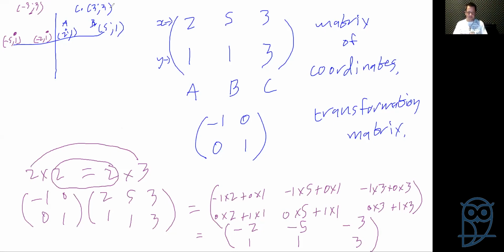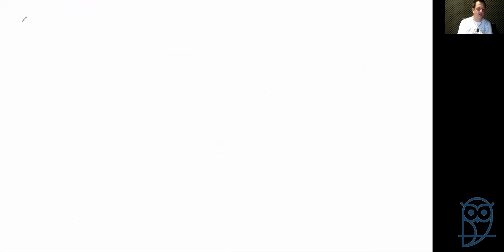All right. So this transformation matrix is crucial. And it all depends on what you want to do as to what this matrix is going to be doing. All right. So let's have a look at a couple of our options that we have. So we've done our reflection about the y-axis.